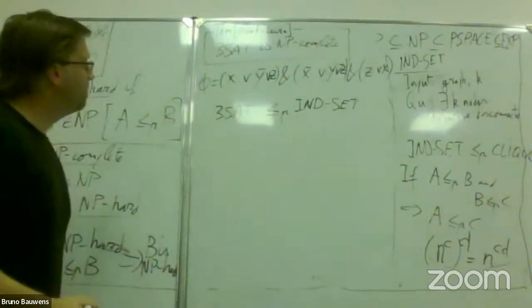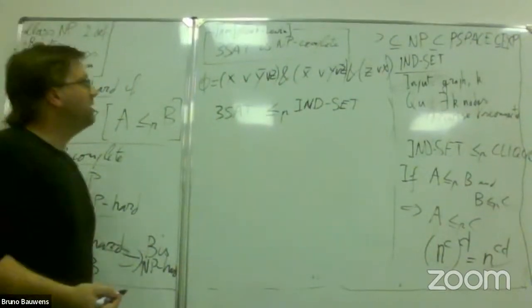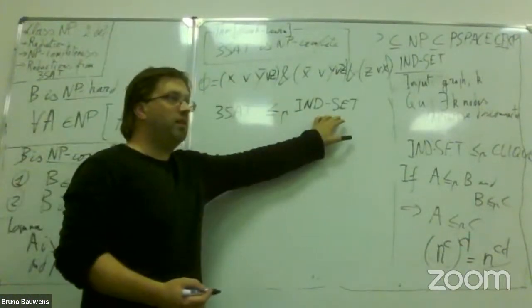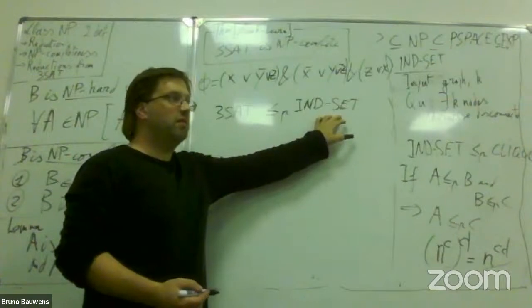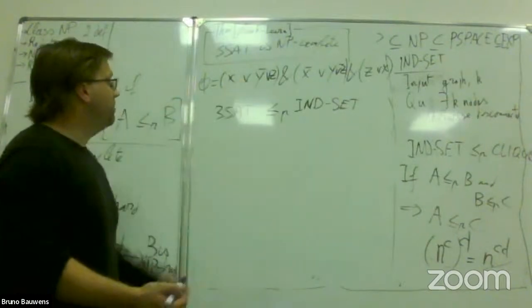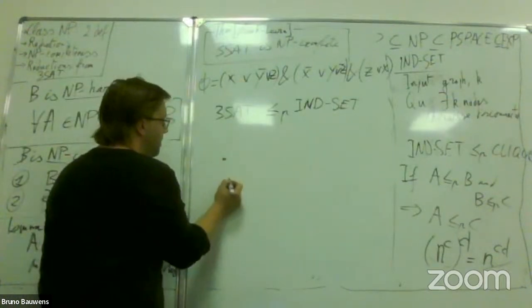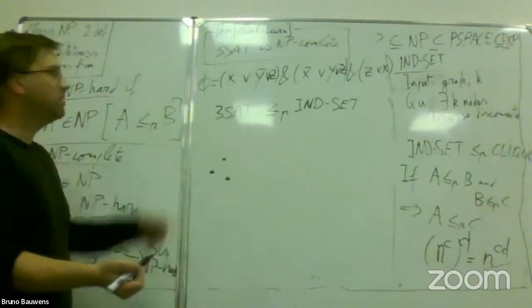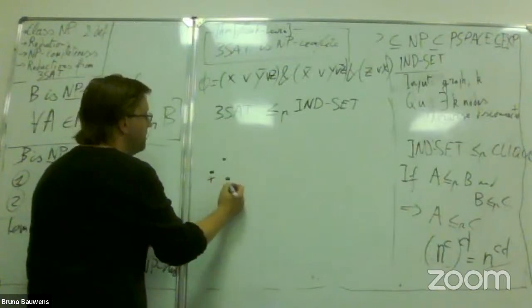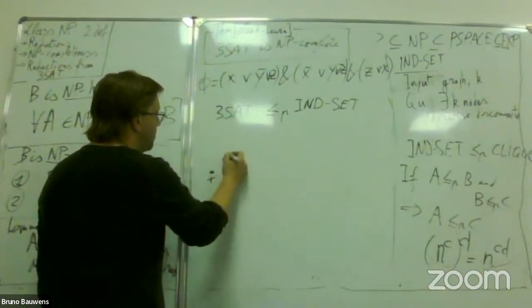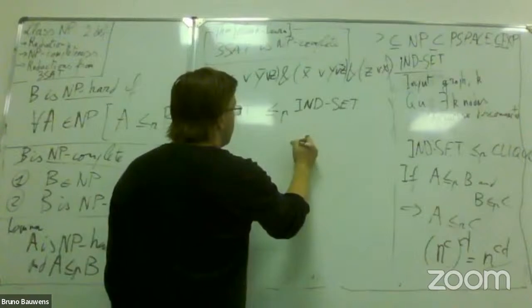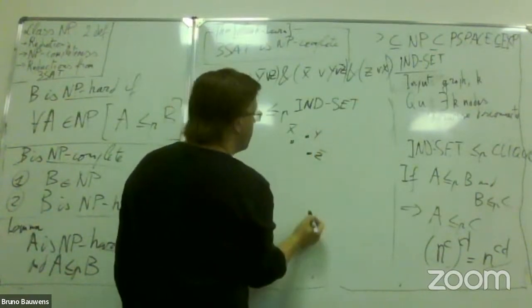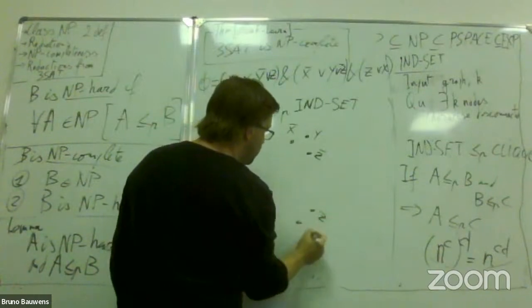The plan is that for every clause we need to create a graph and a number k. For every clause we will have 3 points; the number of points will be equal to the number of literals, and we mark these points by the name of the literal. So we have x, y, z, and not z, not x.